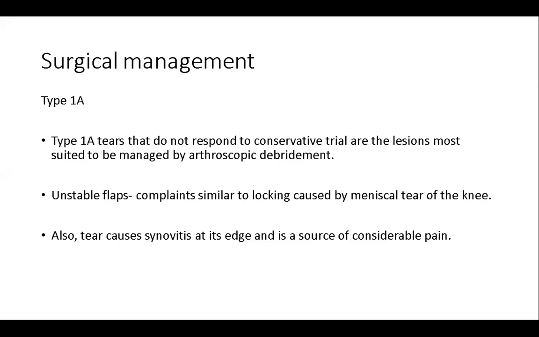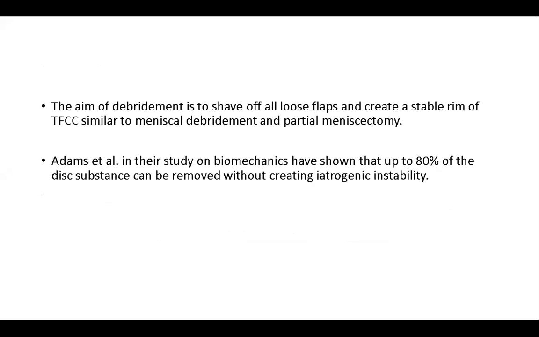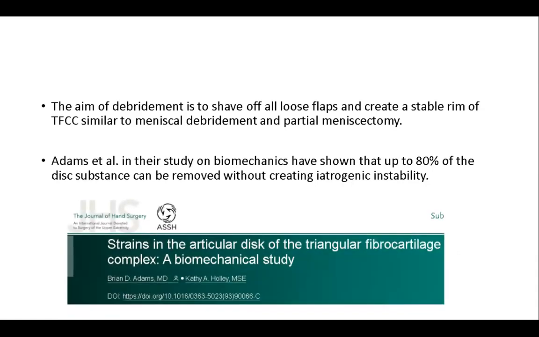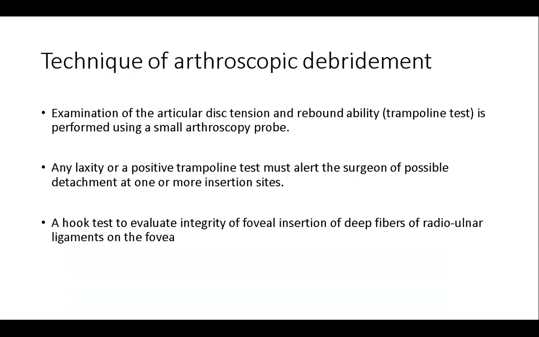Because of the tear, there is synovitis and hence pain. The aim of debridement is to shave off all the loose flaps and create a stable rim of TFCC, similar to meniscal debridement and partial meniscectomy. Adams et al., in their study, concluded that up to 80% of this substance can be removed without creating any iatrogenic instability.